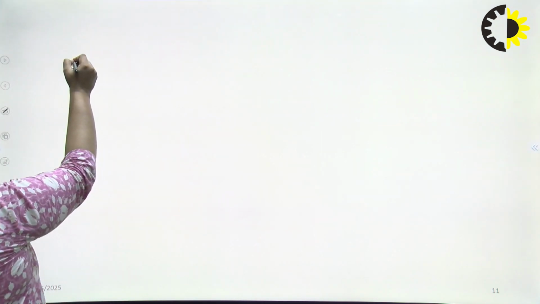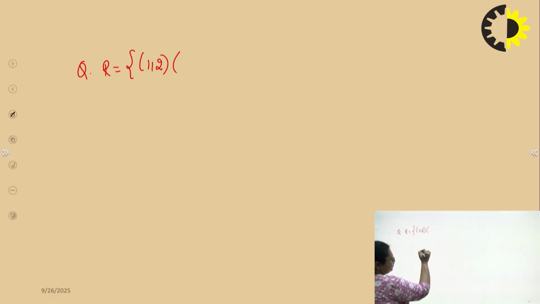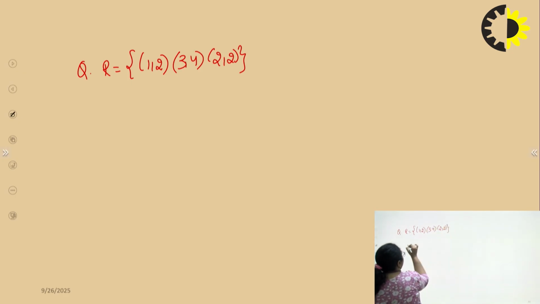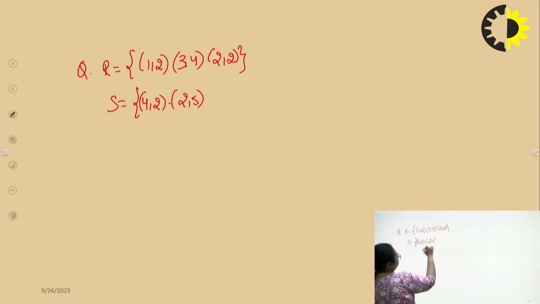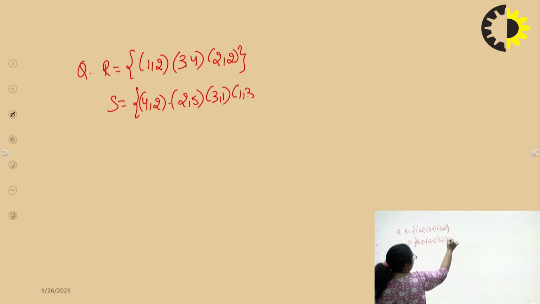Suppose we have a question, we have two relations R and S, so we have to find some composite relations on them.